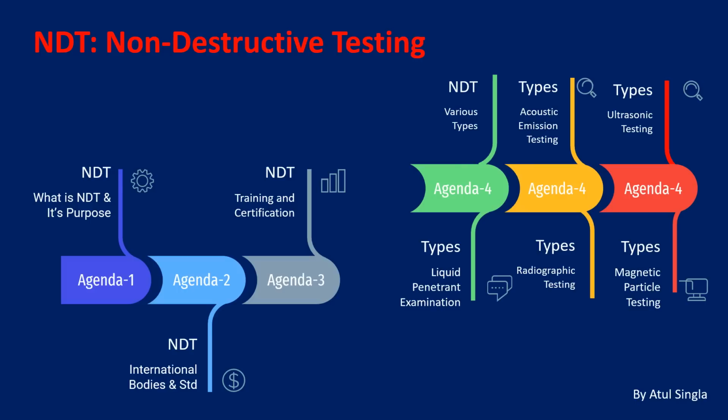In the second section, we understood the various types of non-destructive testing, like liquid penetrant examination, acoustic emission testing, radiographic testing, ultrasonic testing, and magnetic particle testing. So the agenda was to understand and visualize the various things related to NDT. So see you in the next part.